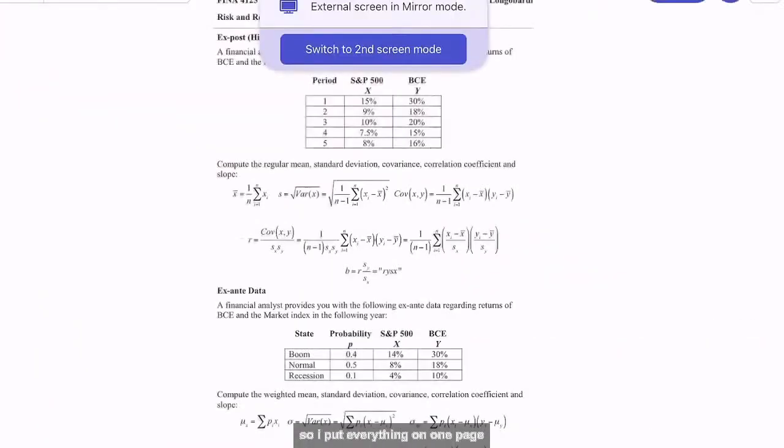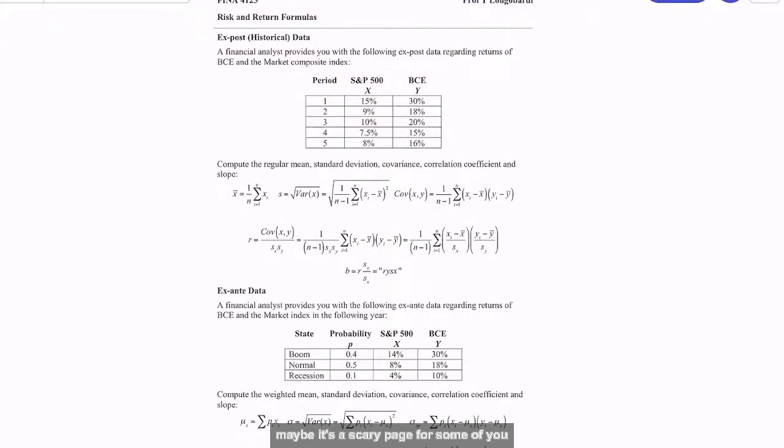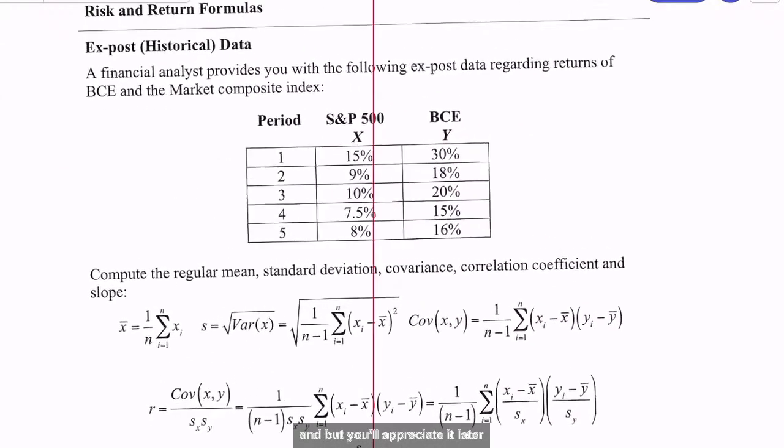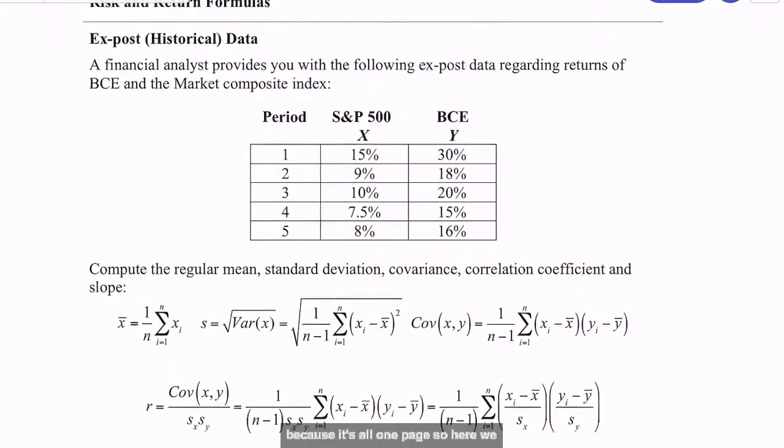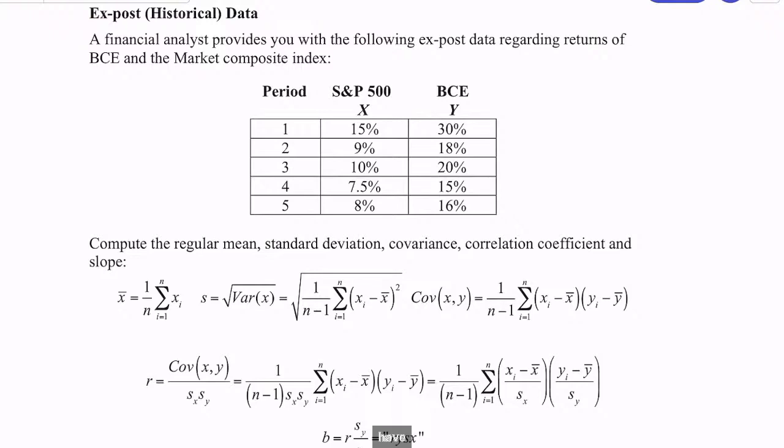So I put everything on one page. Maybe it's a scary page for some of you, but you'll appreciate it later because it's all on one page. So here we have financial data. You have information on Bell Canada Enterprise stock returns.